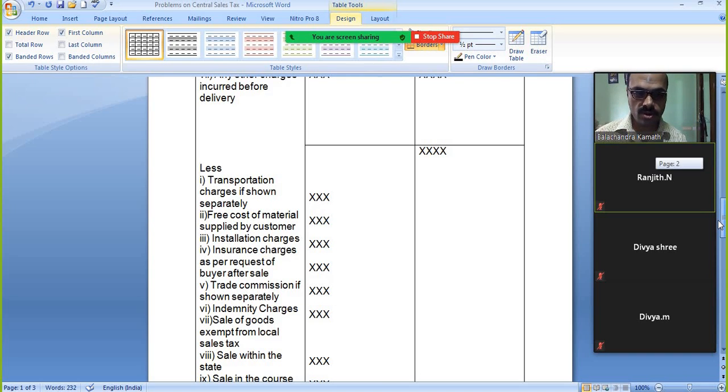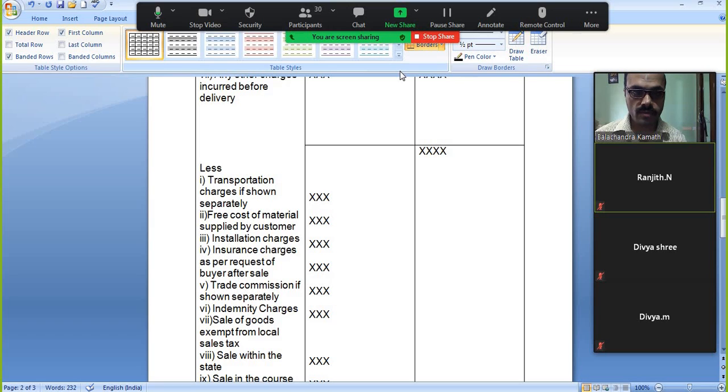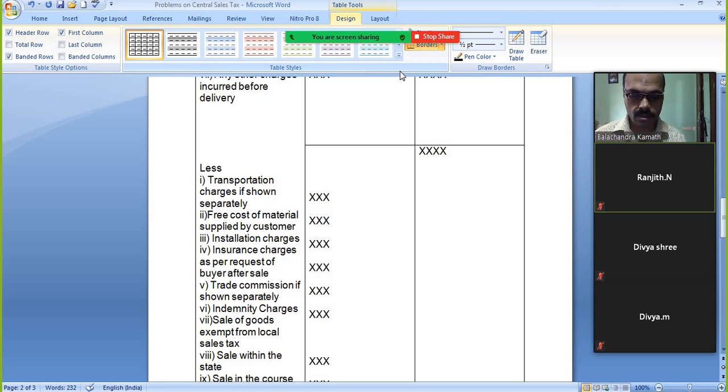Then the free cost of material supplied by customer. If the customer supplies some material to the seller for the manufacturing of the product asked by the customer, that needs to be deducted.